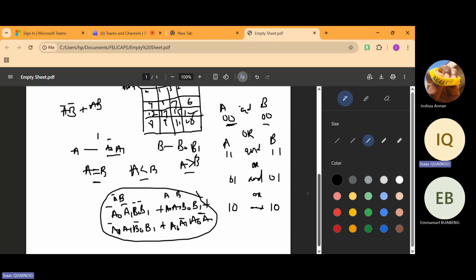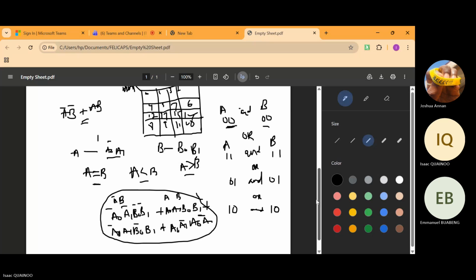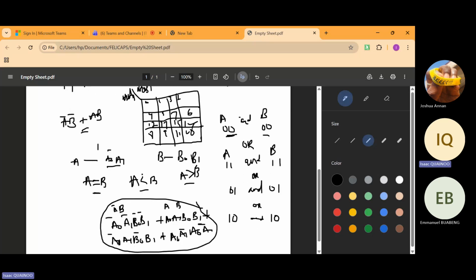We just talked about a concept when we were looking at the 1-bit magnitude comparator, and we talked about the same thing when we were looking at full adder, half adder. Please, can someone help us? What does this represent? A prime, B prime plus AB. What does this represent?